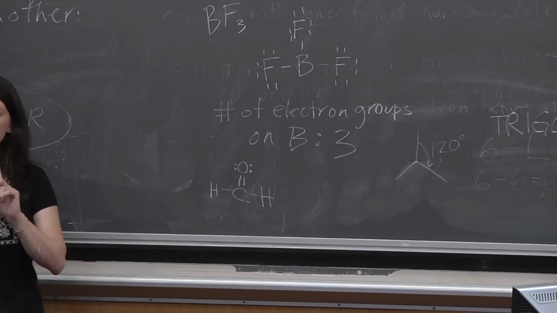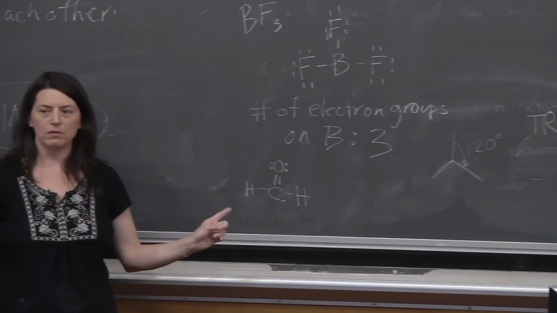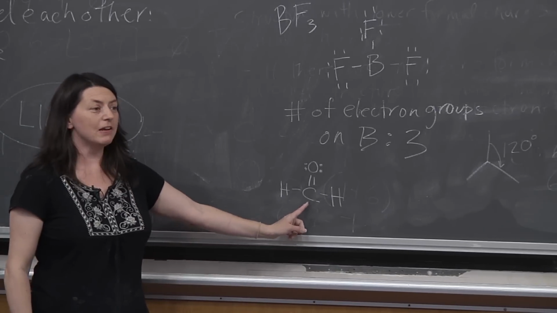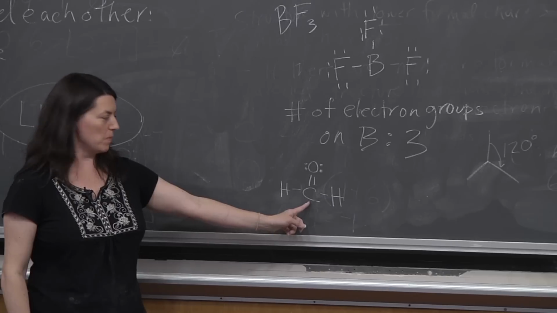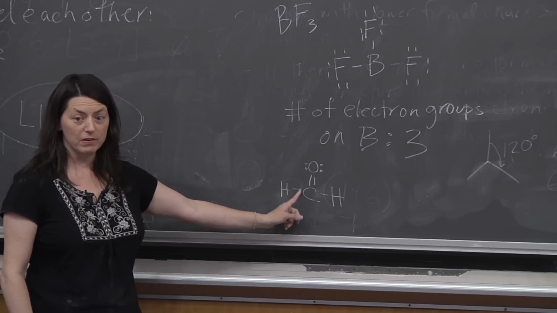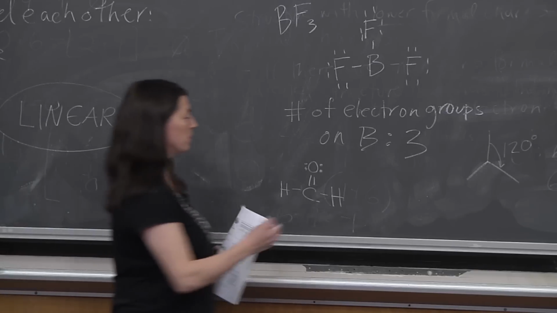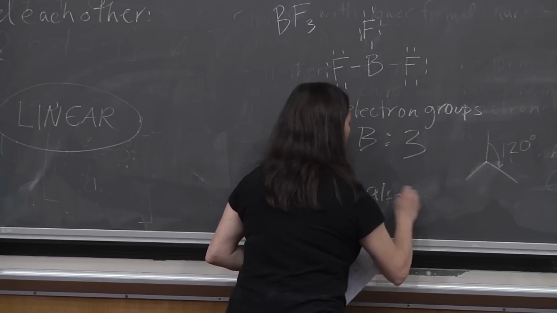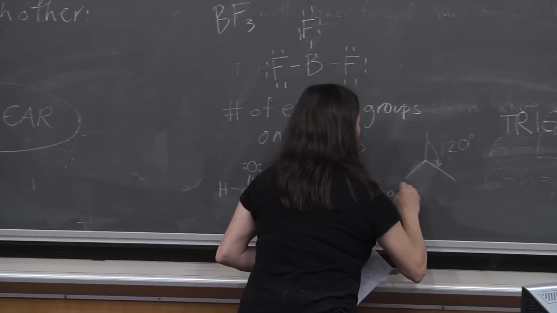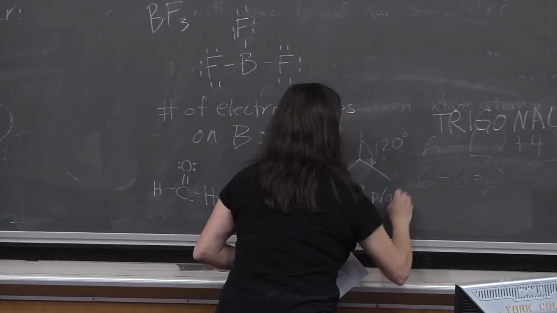So the central atom is what in that molecule? Carbon. So how many electron groups are around carbon? 3. Remember, single bond counts as 1, single bond counts as another, double bond, so it's still 3 electron groups. So this one would also be trigonal planar.